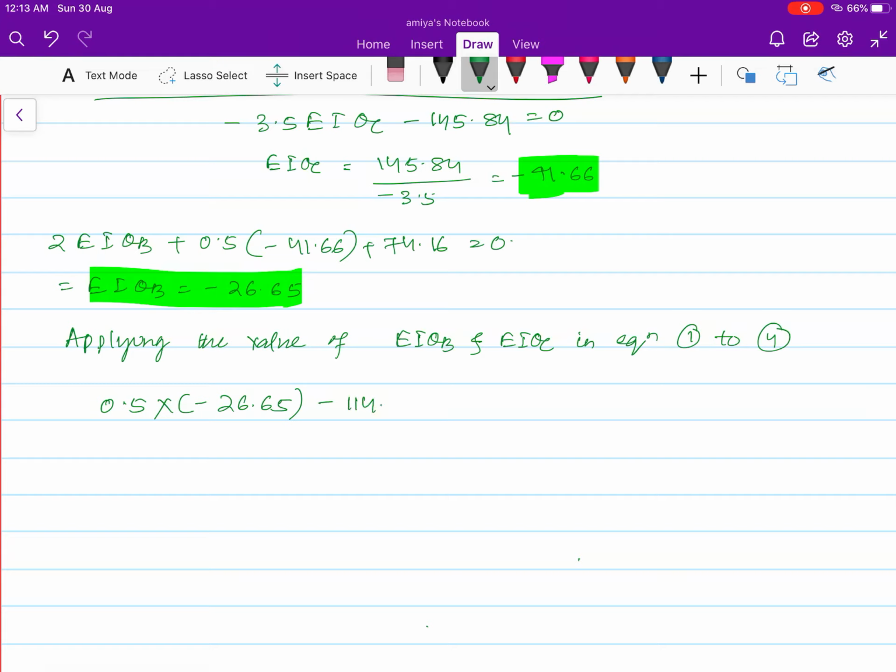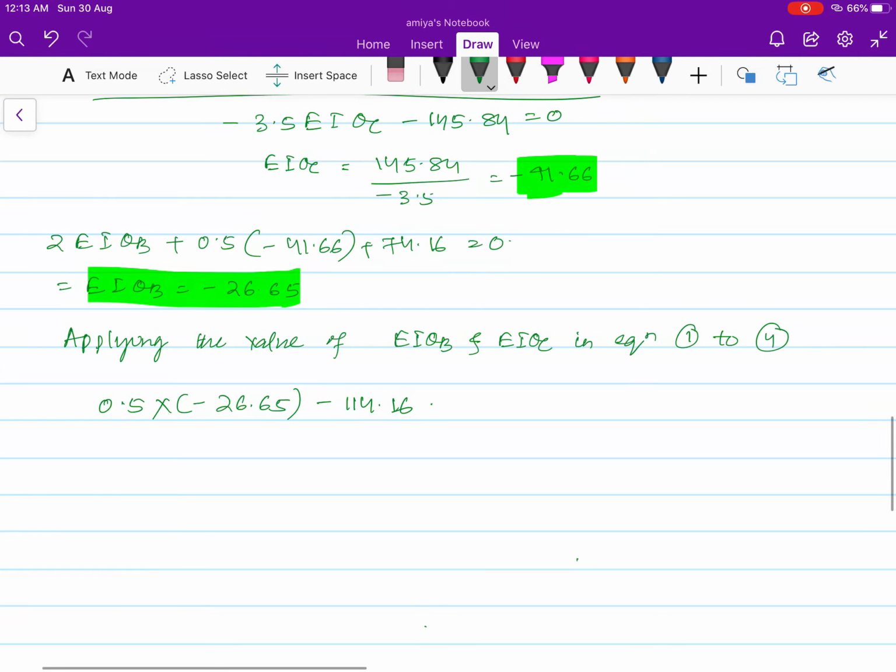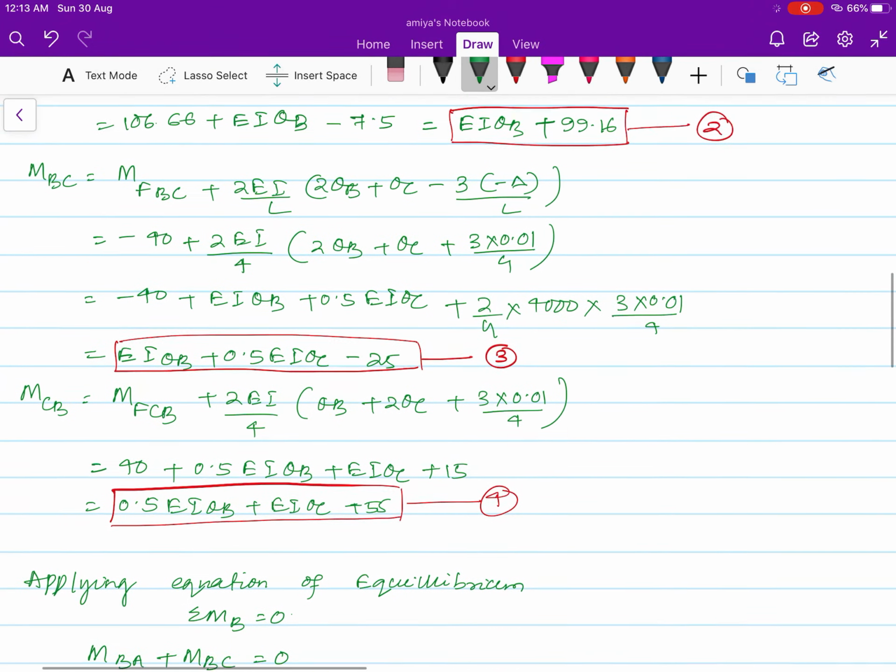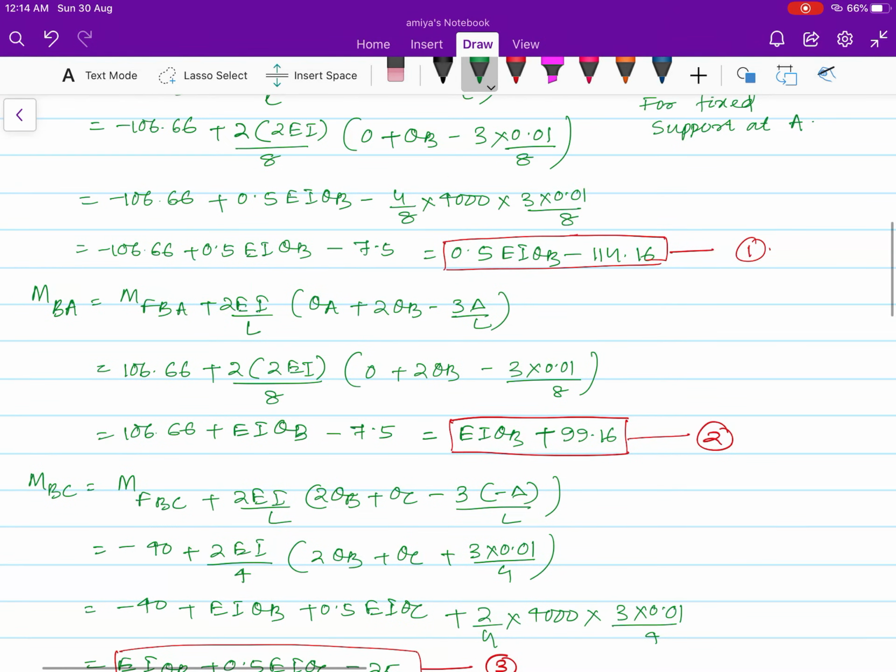So we get minus 127.48 kilonewton meter, because this is our MAB.